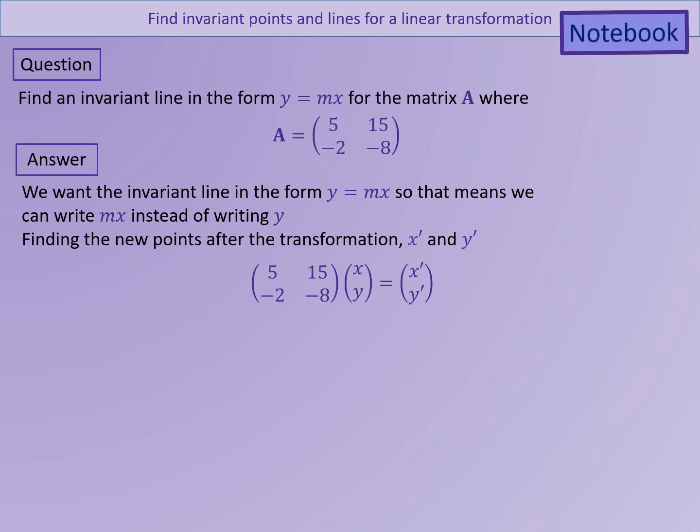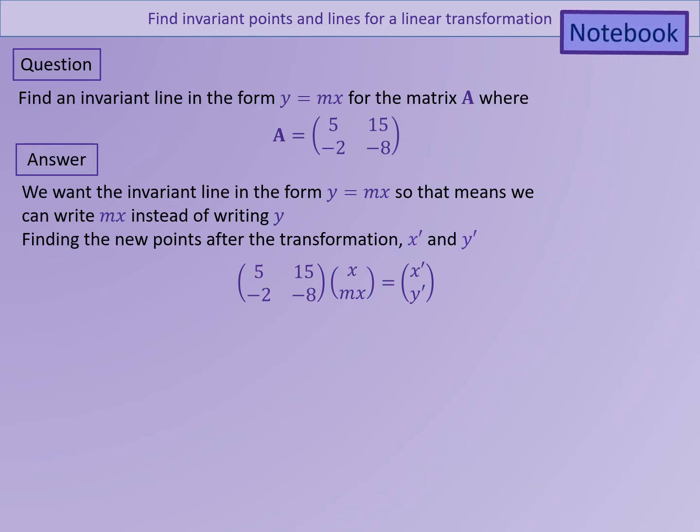So rather than writing y in that first vector, we could write mx in that first vector instead. So we could rewrite the left-hand side to the matrix multiplied by x mx, and that equals the new points x dash y dash. So the left-hand side, when we expand that, is going to give us the image of the old points, which were on the line.